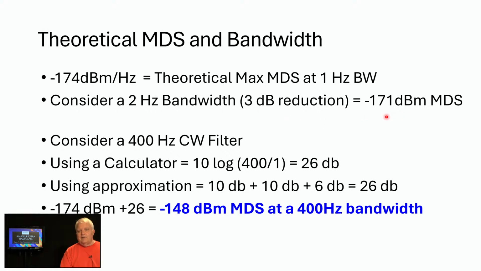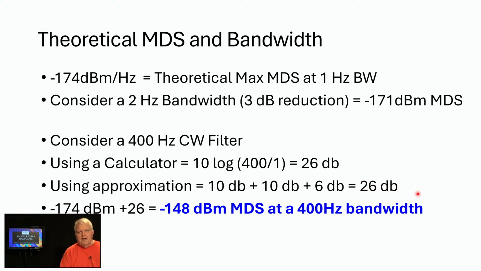Well, they ask us on the test to consider a 400 hertz CW filter. Okay, so using a calculator, you could do it this way. You could do 10 log 400 over 1, and it'll tell you the answer is 26 dB. Or 400 is 10 times 10, or 100, times 4, 400, 26 dB.